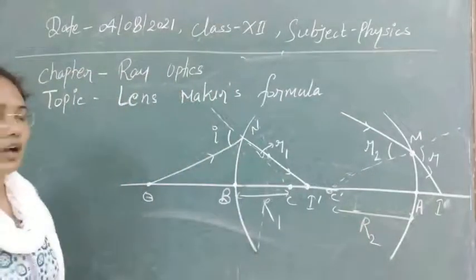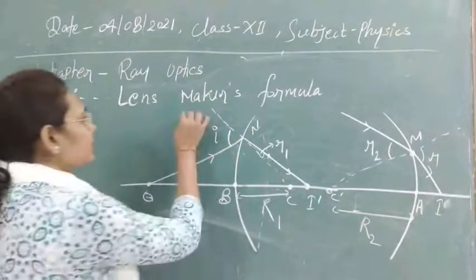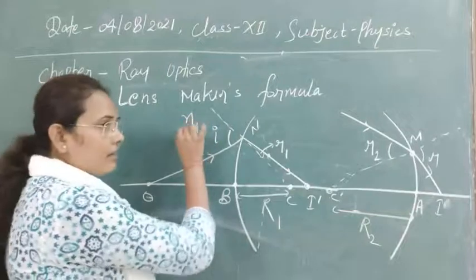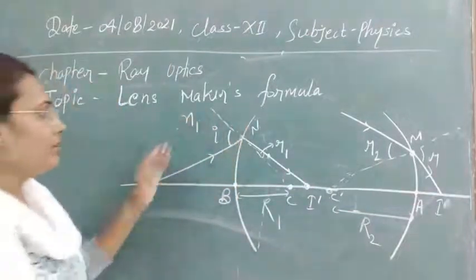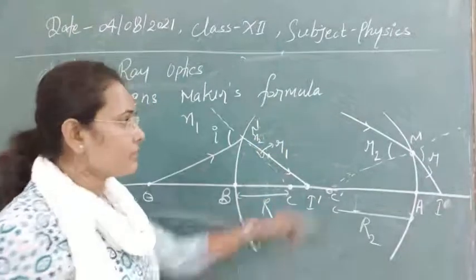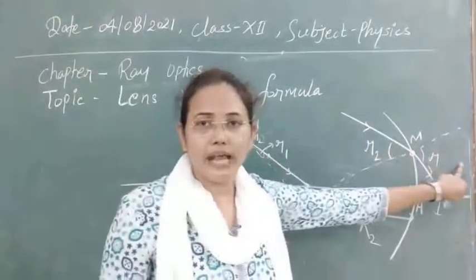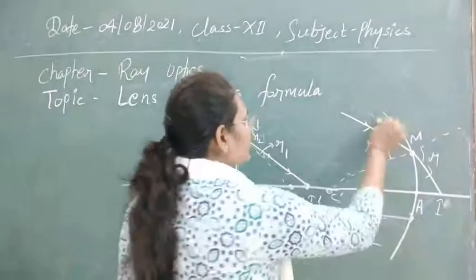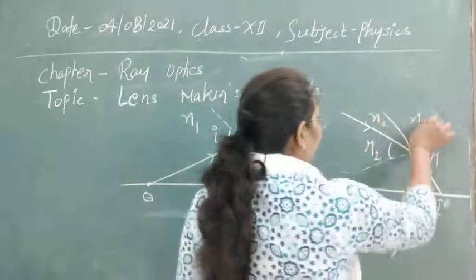Clear, I think. Now the refractive index: this is N1, that is the medium before this, and this is the refractive index of the lens, N2. Now this will obviously be N2 and this will be N1. That should be clear because this is the lens, N2, and this is N1.